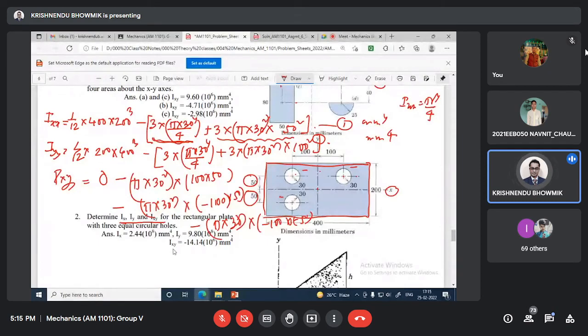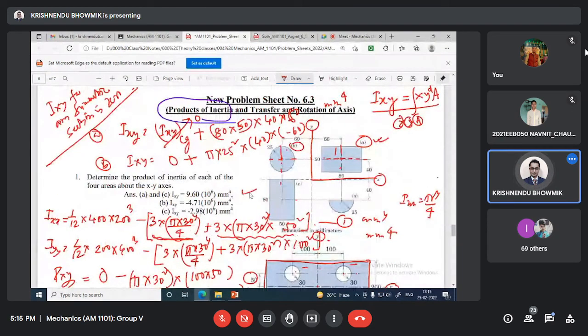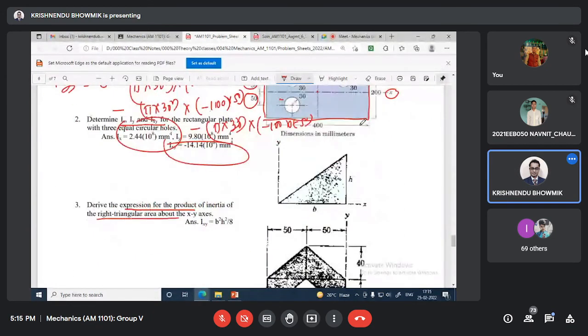Now if you calculate, you will get this value. This value and this value. Determine IXX, IYY, IXY for rectangular plate with 3 equal circular holes. Okay. So we have solved one problem also.